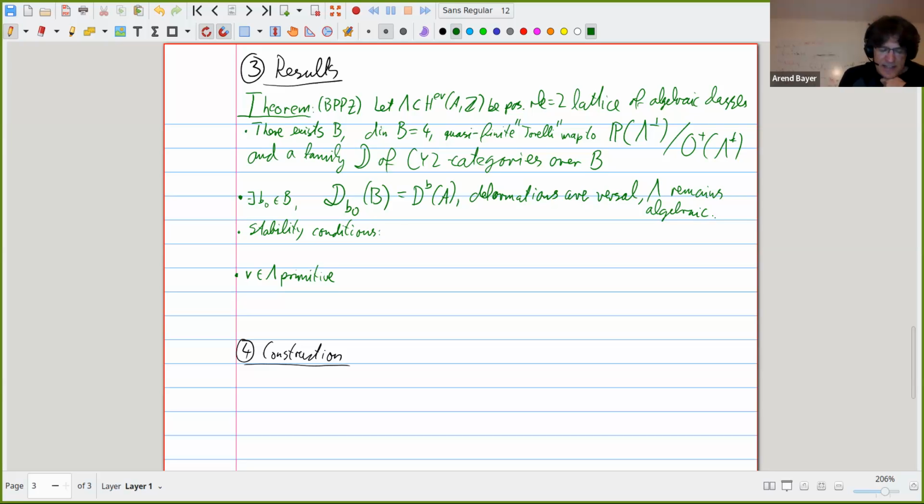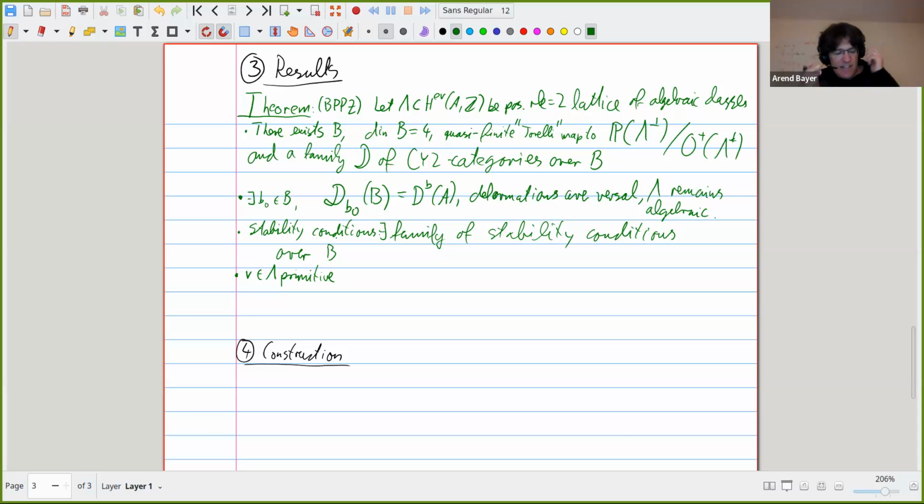And it also comes with a family of stability conditions over B. So basically this is a stability condition on every fiber that has some well-behaved properties in families that glue them together, things like openness of stability in families and so on.